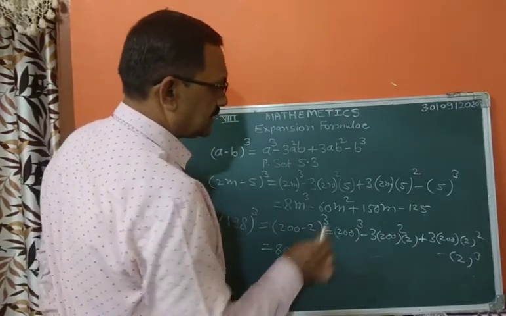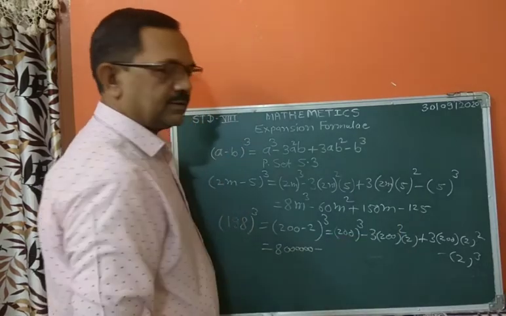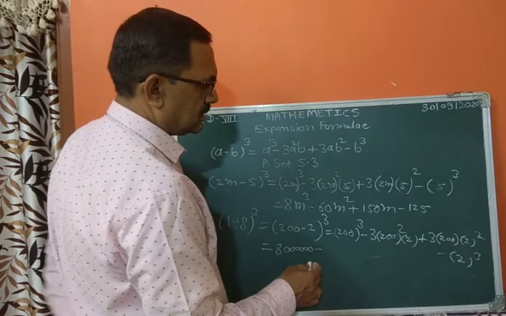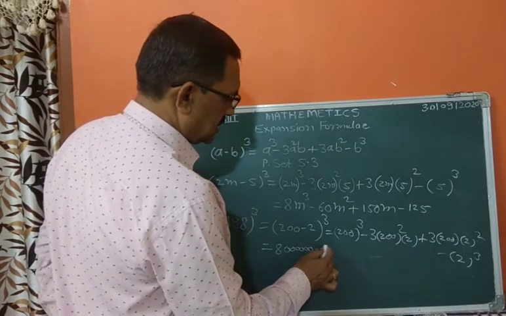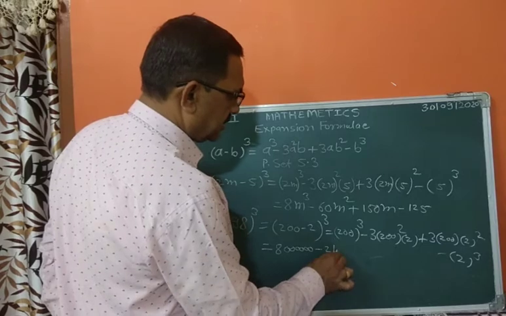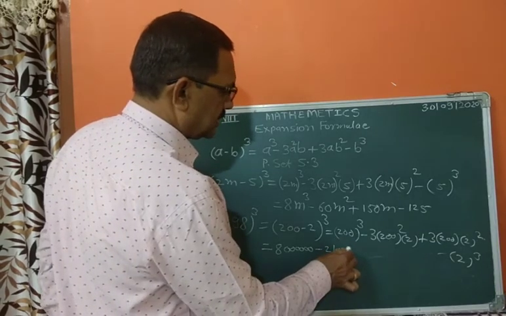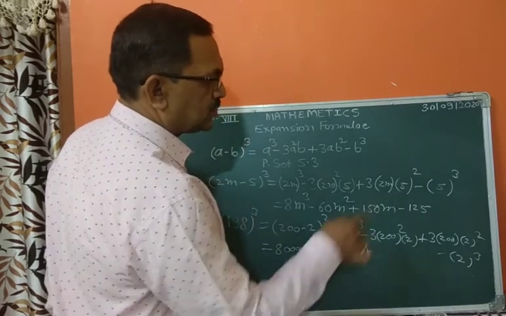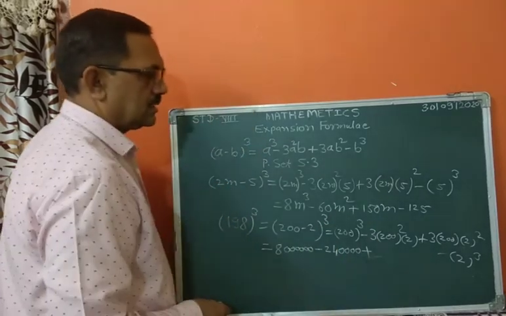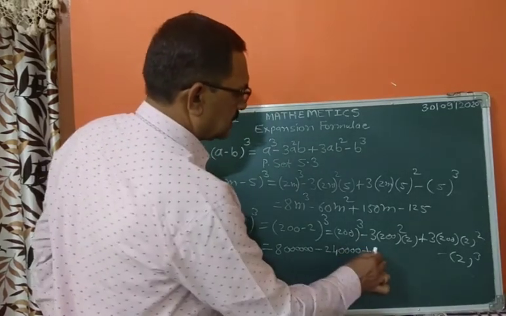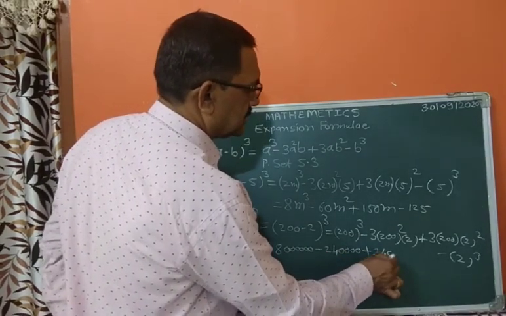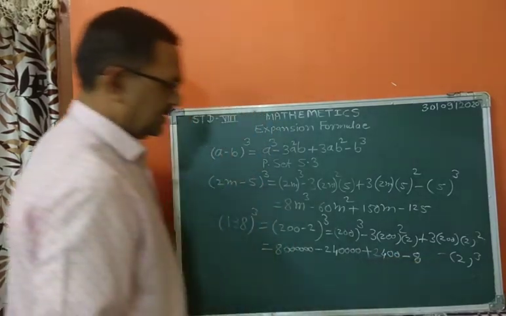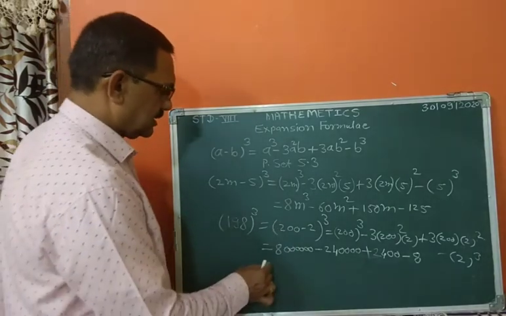Then minus 2 square, 4. 8 into 3, 24, and then 4. Then plus 2 square, 4. 24, 0. Then minus 8. In this way, you have to solve this.